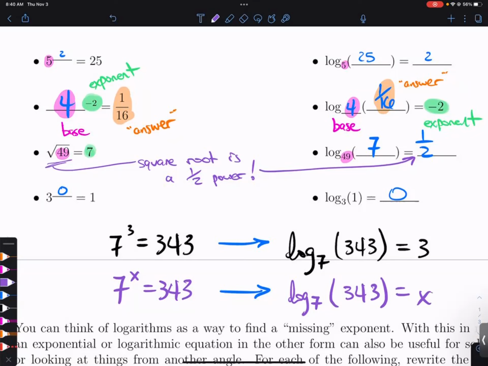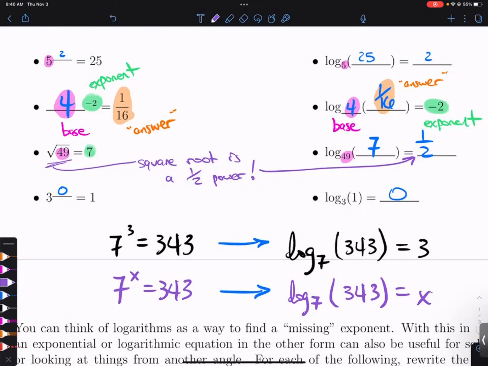Now I've turned this from a guess-and-hope problem into: if I can evaluate the log base 7 of 343, this is a number. Maybe it looks a little weird and intimidating, but x equals a number. This is solved.